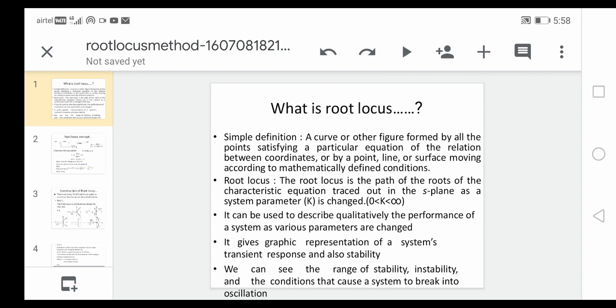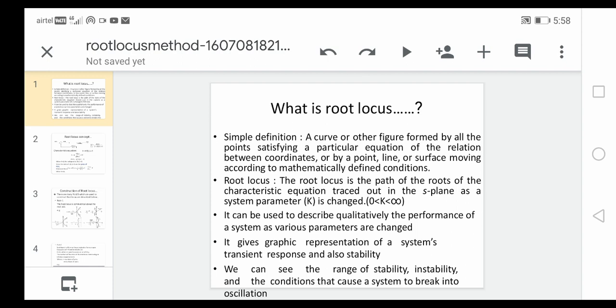It can be used to describe qualitatively the performance of a system as various parameters are changed. In a system we have different parameters like temperature, pressure, and other types of parameters. It gives a graphical representation, and at the same time we can find the transient response and also the stability of that particular system.